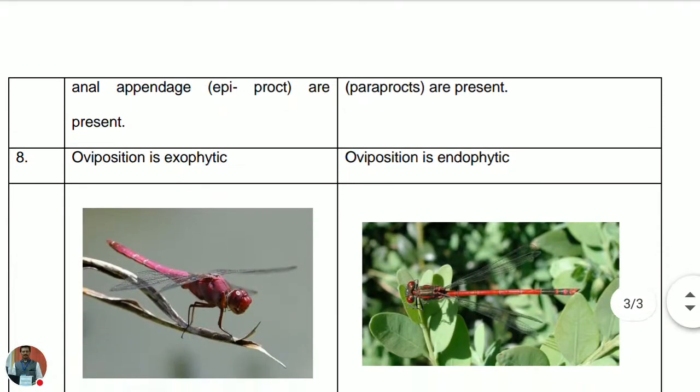Point number 8, the oviposition is exophytic. What is this exophytic? It means they are not utilizing the plants or tissues of plants for egg laying.